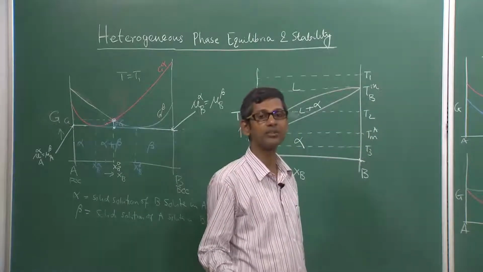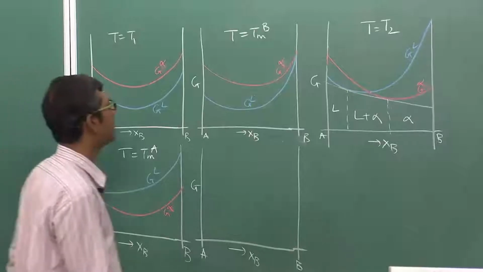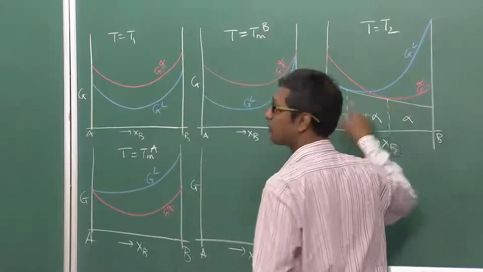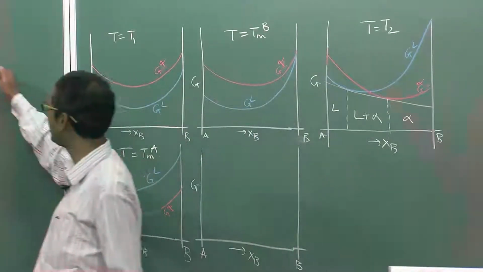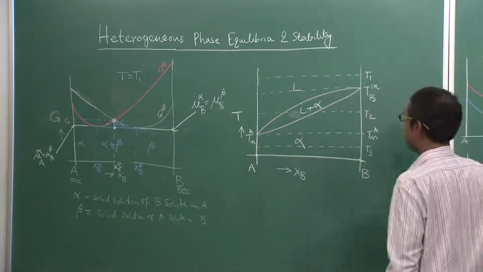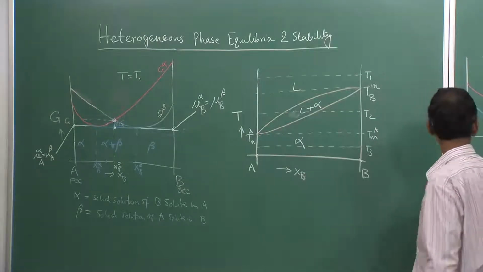At 0 degree Celsius both ice and water are stable. Okay, so that means it is very clear that from Tmb to Tma only these crossovers will take place. Below Tma, Tmb and above Tma only these crossovers will take place, and the reason is that alpha and liquid both will be stable.